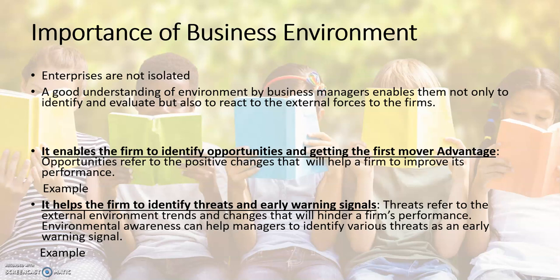Now, the second feature is it helps the firm to identify threats and early warning signals. Threat means external environmental trends and changes that will hinder a firm's performance, which means it will affect the performance of the firm. Environmental awareness can help the managers to identify various threats on time and it will serve as an early warning signal.